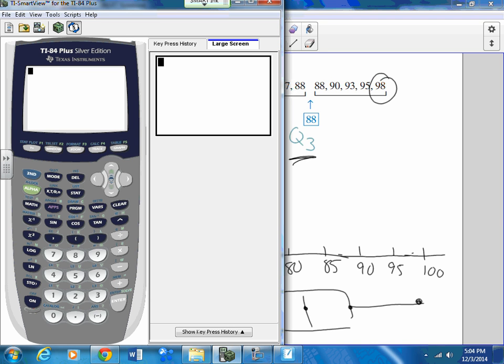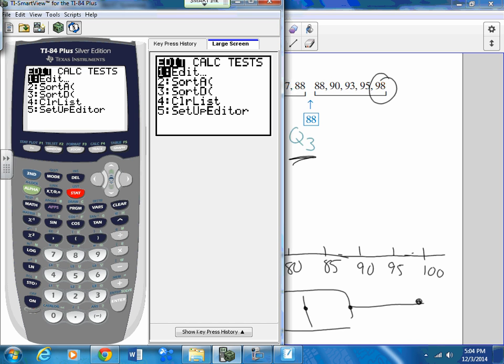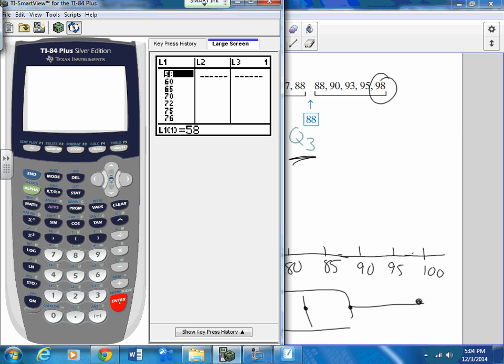So if we go into our statistics button that says stat, okay, it comes up with these three menus. If you hit enter for edit, it brings up these lists. Okay, and I already went ahead and I entered in the list of all of these numbers.